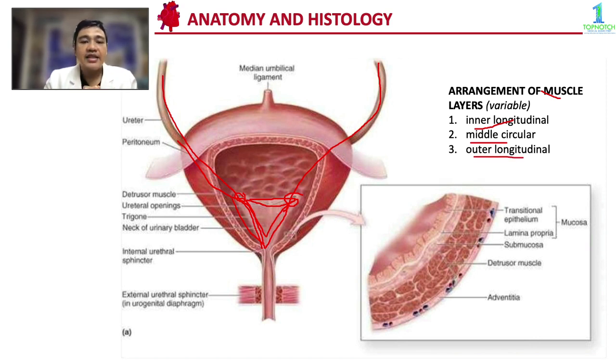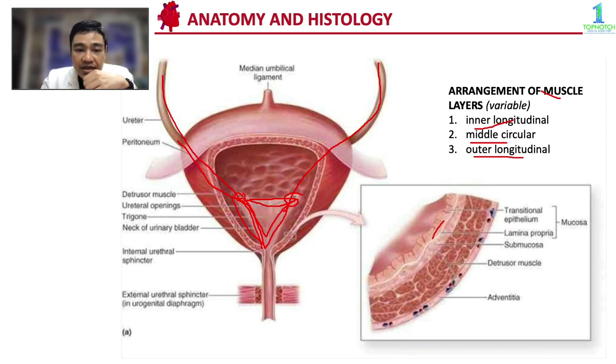But okay, these layers are not distinct. If you would remember, what we accomplish with the bladder is for it to be stretchable. Okay, hindi siya strict. It's actually more of interlacing or mas buhol-buhol na layers of the muscle rather than it being actual distinct layers.